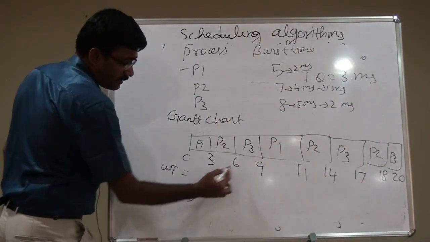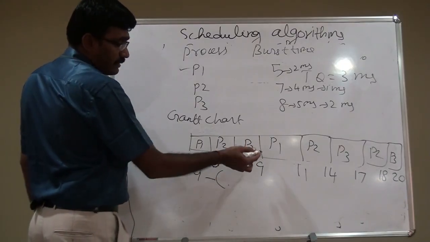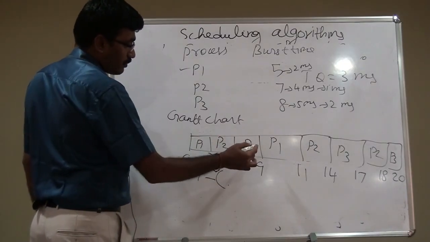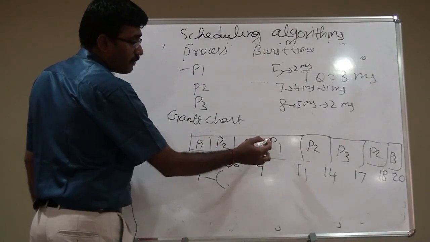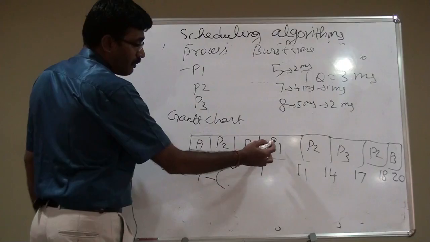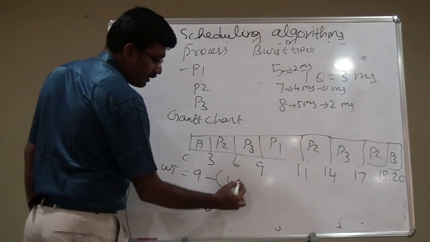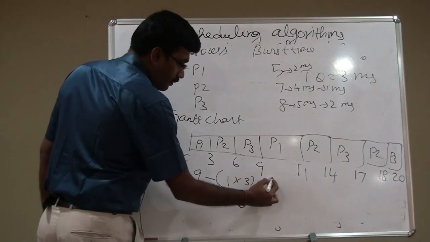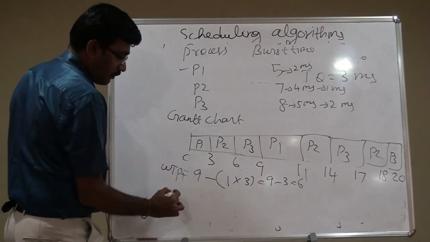P1 is completed here, so its last waiting time is 9 minus the number of times P1 was executed except the first one, times the burst time. P1 was executed 2 times, so only 1 time after the first one, so 1 into 3. 9 minus 3 is 6, which is the waiting time of P1.